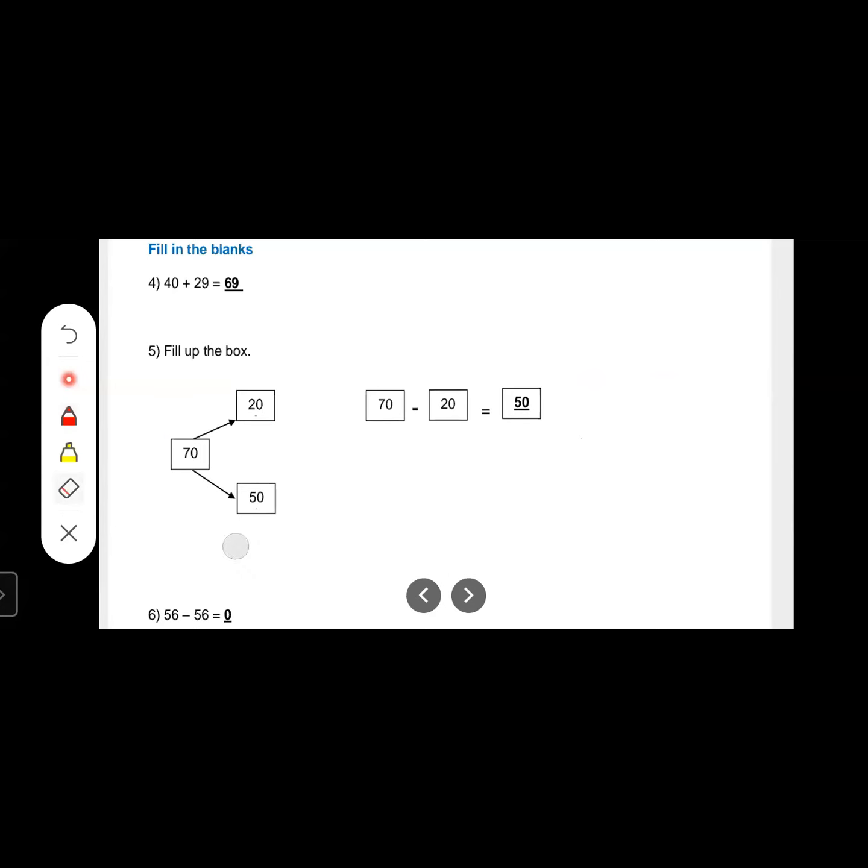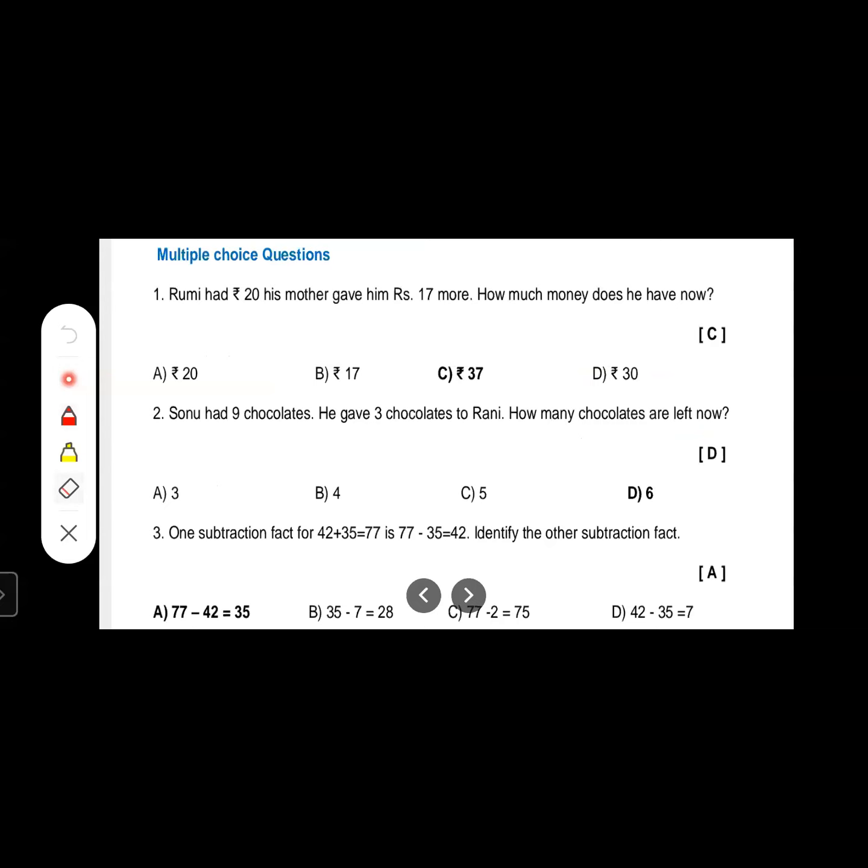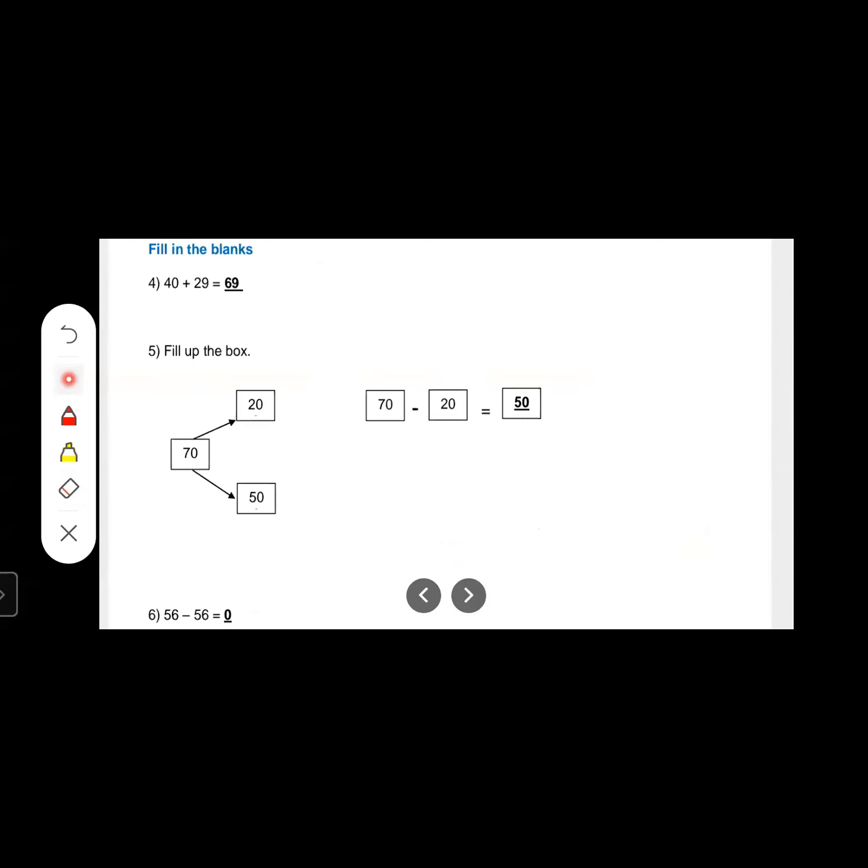Now you remember yesterday we made subtraction fact like this. Yes, one addition sum was given and we had to make subtraction fact. We will do same like yesterday now also. See, this is the addition sum, when we add two numbers 20 and 50, we get 70.